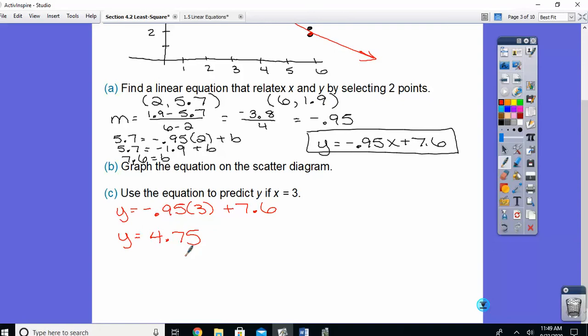So once you have a line or an equation, you can make predictions from that. Any questions there?